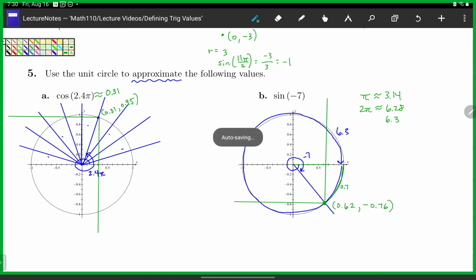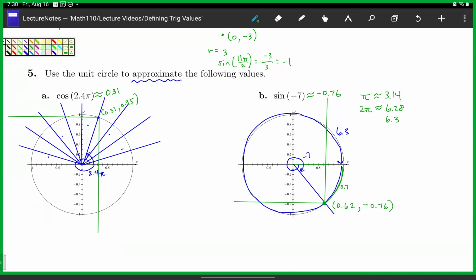Okay, so based on my picture, I got that sine of -7 is the y-coordinate here, which would be -0.76.